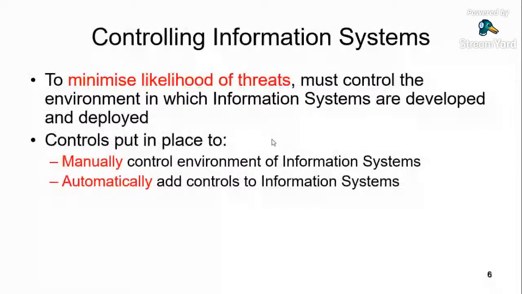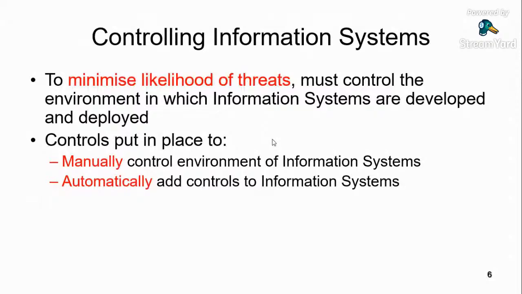So let us go ahead. Whenever we have to control the security of an information system, to minimize the likelihood of the threats, we must control the environment in which the IS, that is information systems, are developed and deployed. The environment contains the software environment as well as the hardware environment, as well as the people who are dealing with the system.